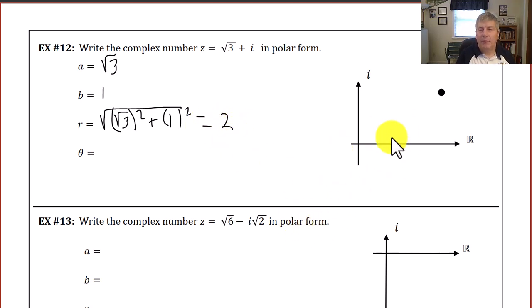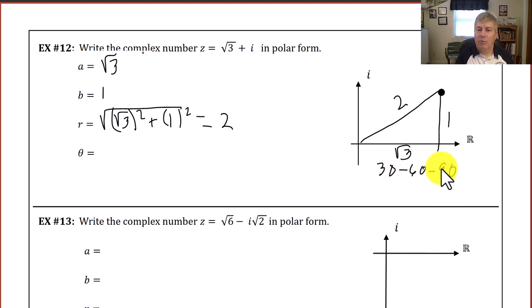So some of you might recognize this. Our a value is the square root of 3. Our b value is 1. Our z value is 2. You might see this as a 30, 60, 90 right triangle, where our theta here has to be pi over 6, or 30 degrees.